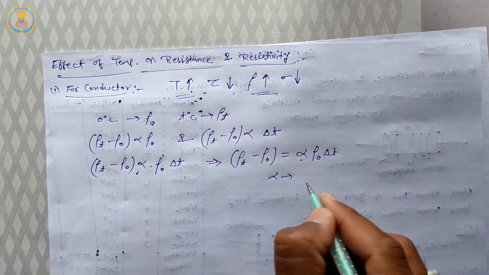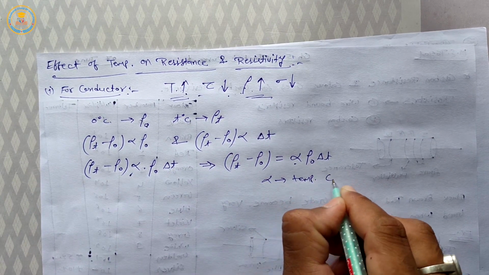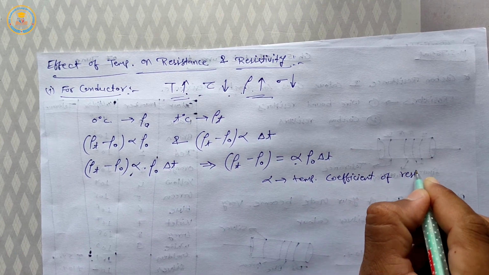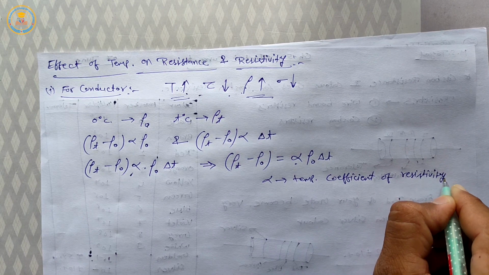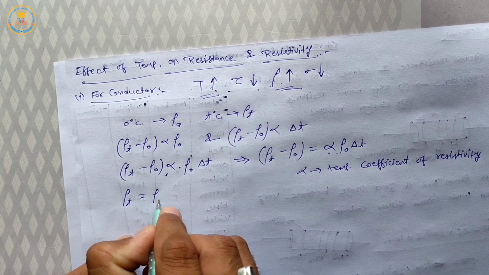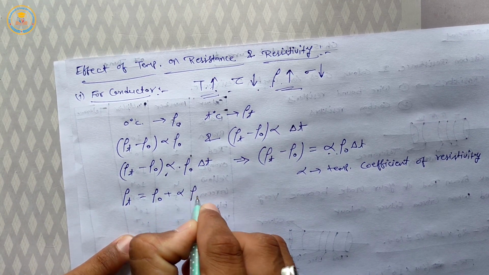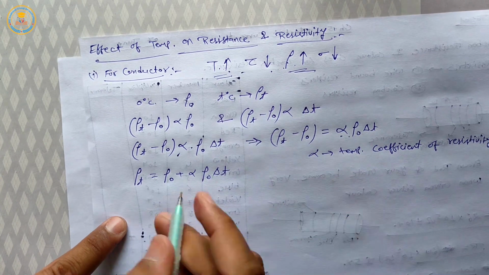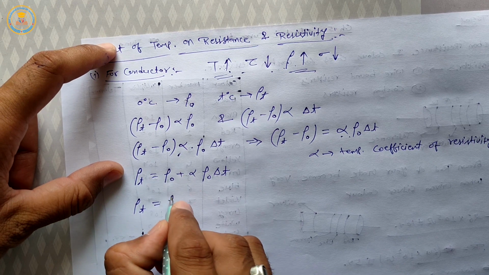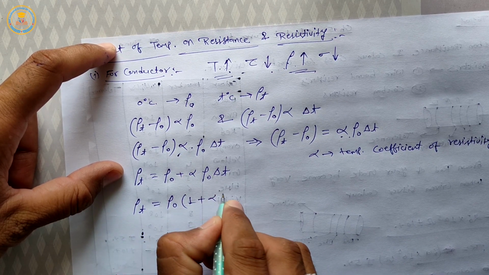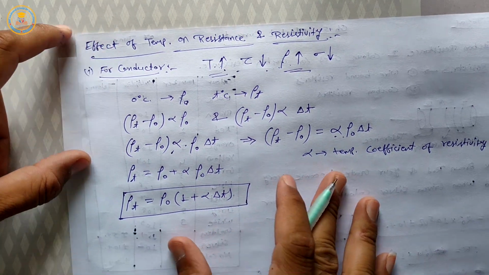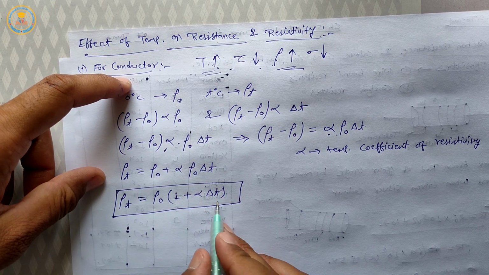So rho T is equal to rho 0 plus alpha rho 0 del T. Taking rho 0 common, rho T is equal to rho 0 times 1 plus alpha del T. This equation represents the dependency of resistivity on temperature.